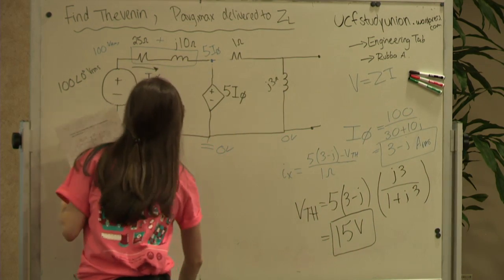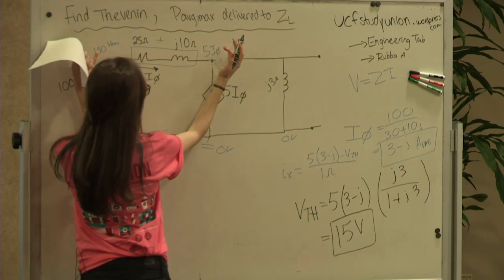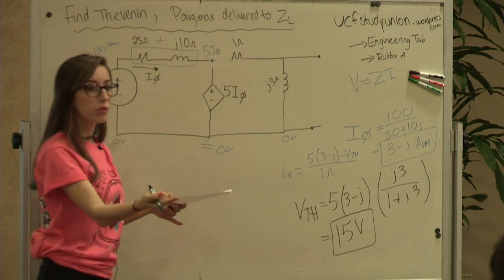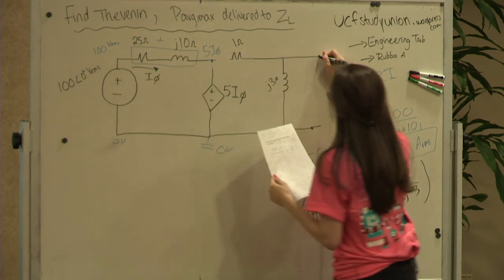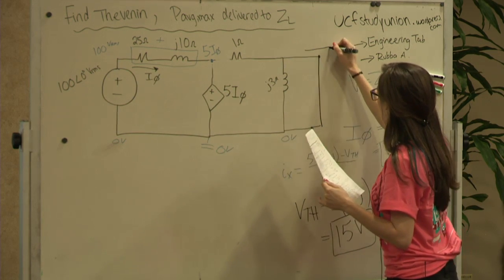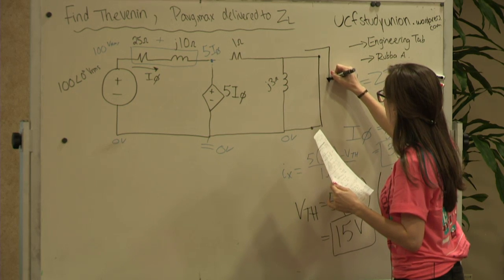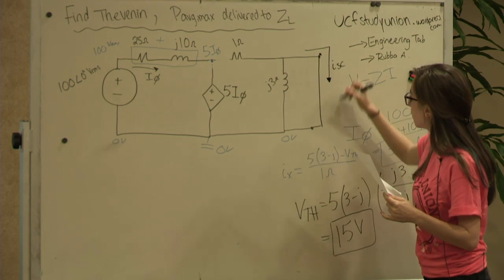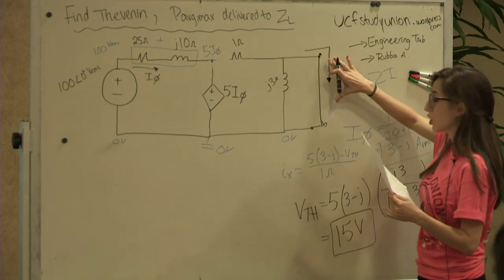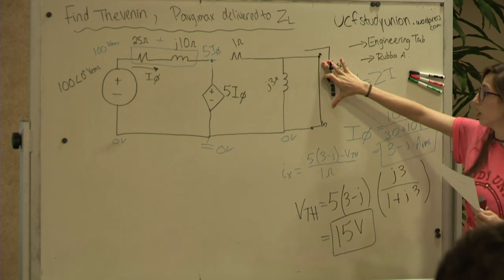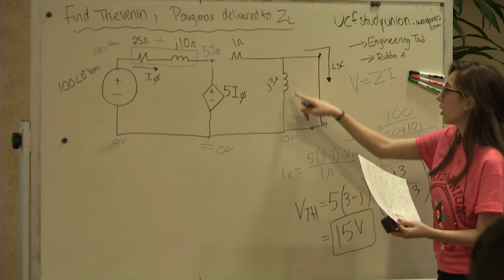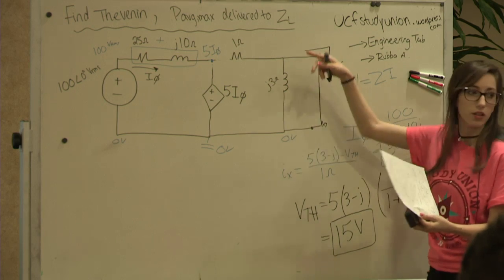And also note that because we were able to use this side solely to find IO, IO is going to remain the same when we do this next problem. So we're going to short this. You guys remember this from the beginning of the semester? ISC goes down because this is terminal A and B, and we want to find this current. A short has 0 volts across it, and it's in parallel with this. Even if you did a KVL, you'll see this voltage equals 0.